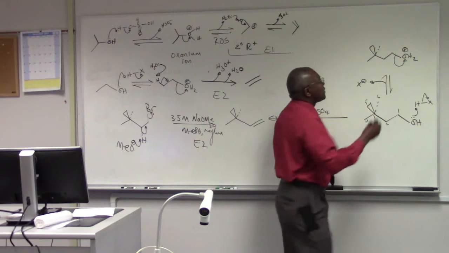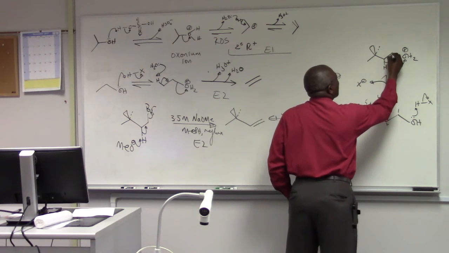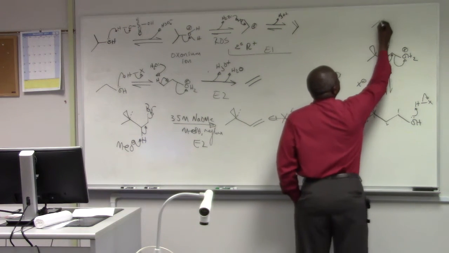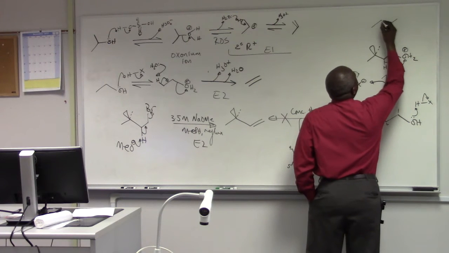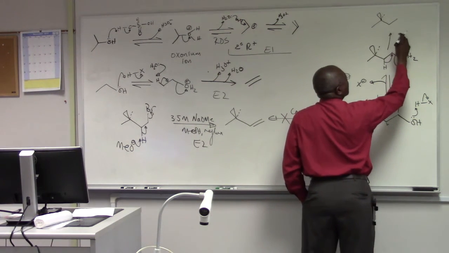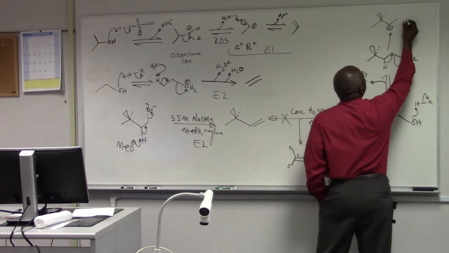So instead, what happens is one of the H's in a beta position migrates over, and what we get is a complete circumvention of the primary carbocation, and we end up with a secondary carbocation.